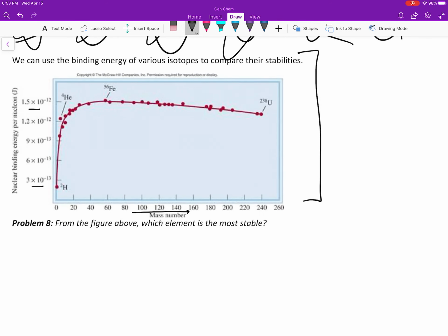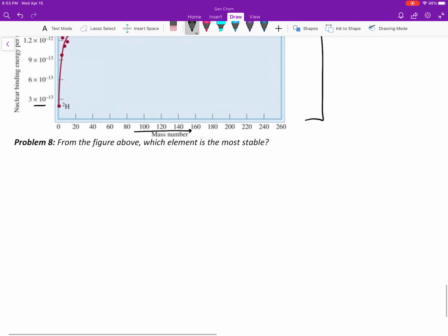But in these types of graphs, what we look for is the very top of the peak. This is going to be the most stable, and everything to the left and the right is going to be less stable. So which element based on this is the most stable when it comes to nuclear binding energy? And that's iron.